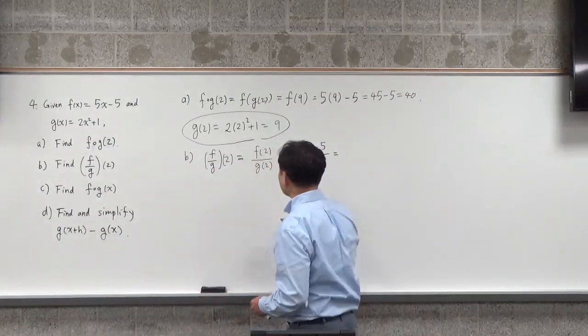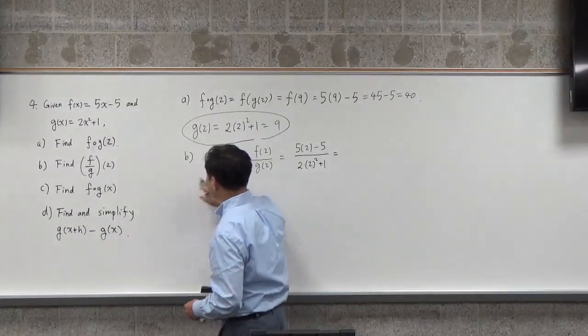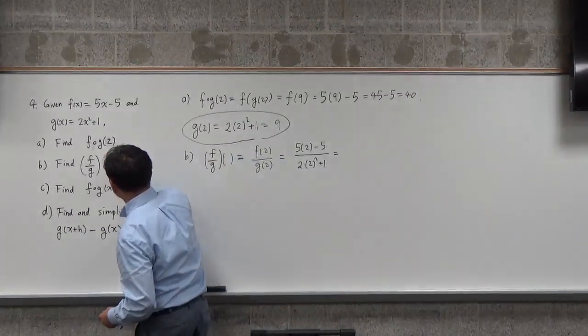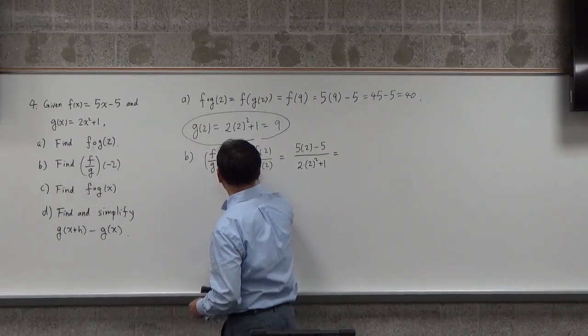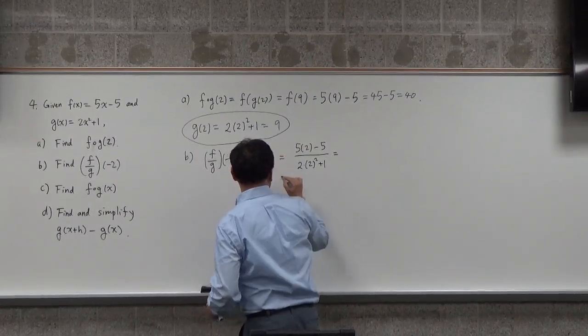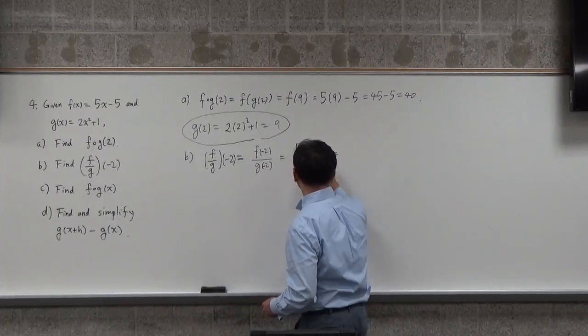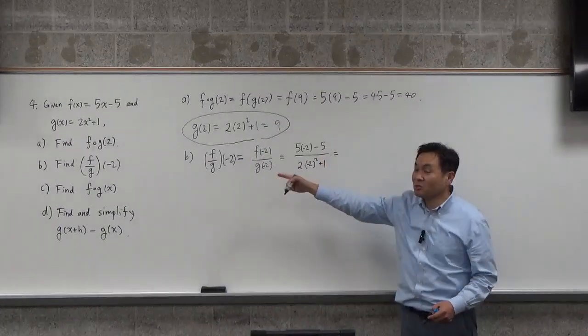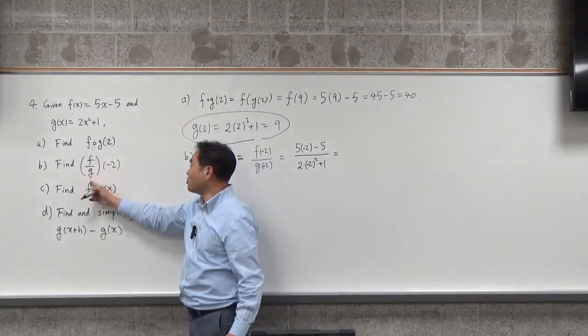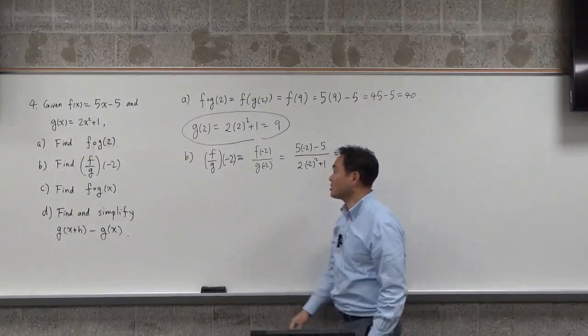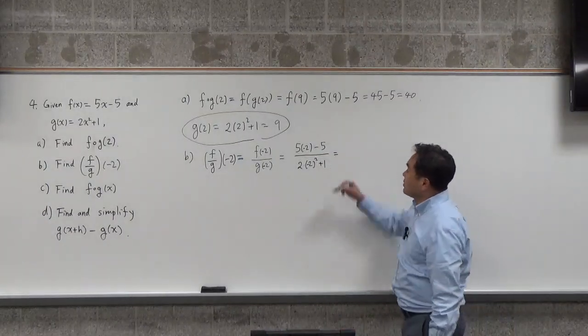Oh, sorry. The question was not 2, but negative 2. Yeah, I remember doing this problem. Sorry about that. The original question on the practice exam was calling for f over g of negative 2, not positive 2. Okay. All right.